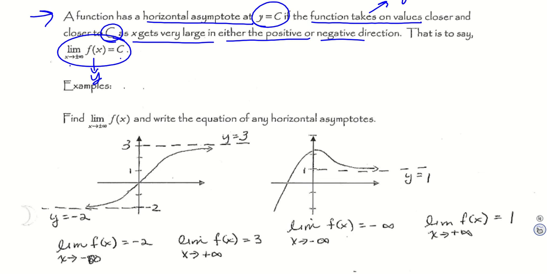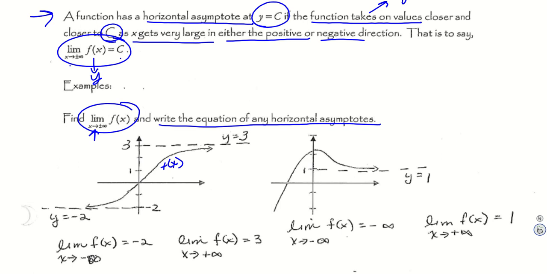Here I have the graph of a function, f of x, and my job is to find the limit of that function 2 times, once as x goes to positive infinity, and the other as x goes to negative infinity, and then write equations of any horizontal asymptotes.